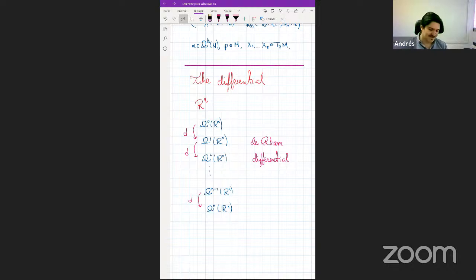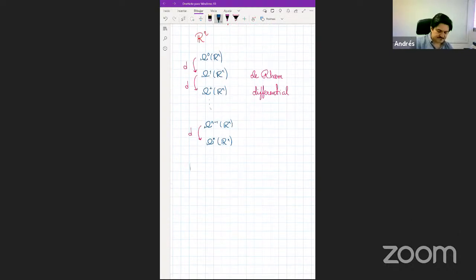Now, let's define it first on functions. I want to do it in Rn.